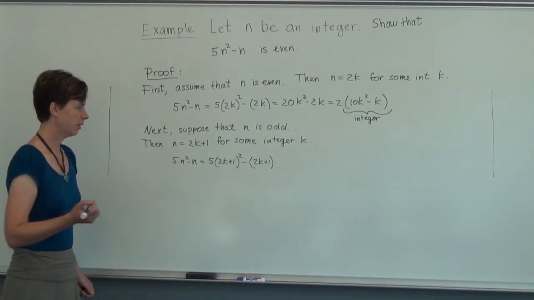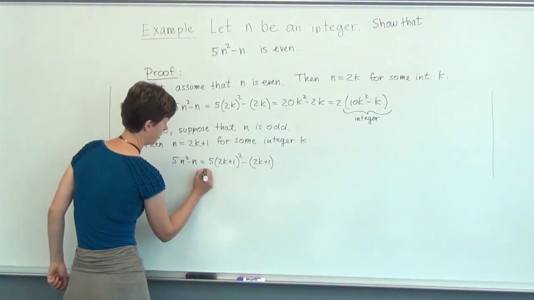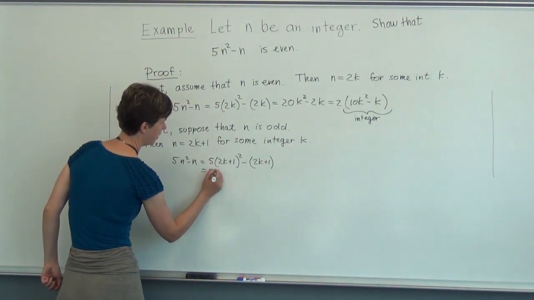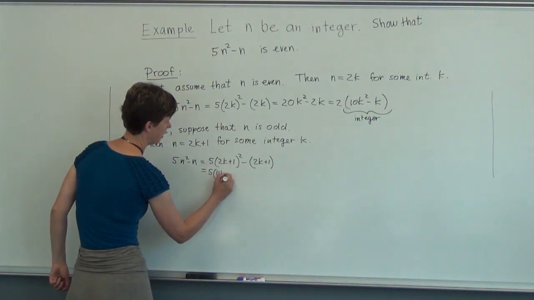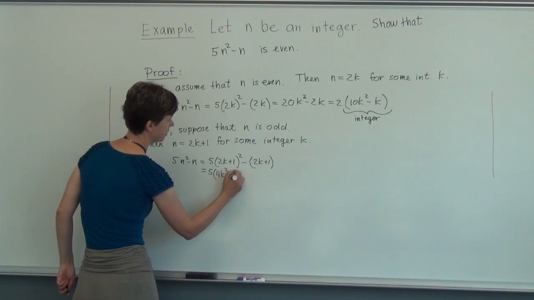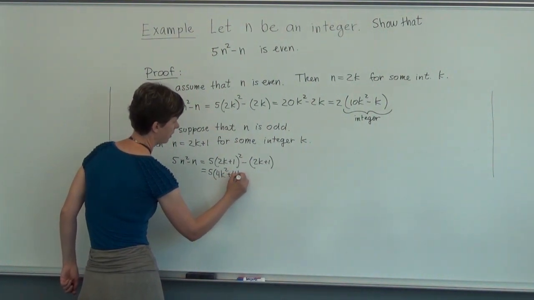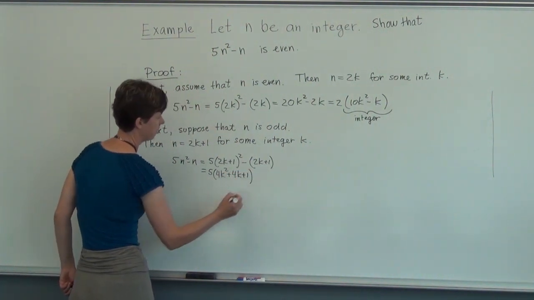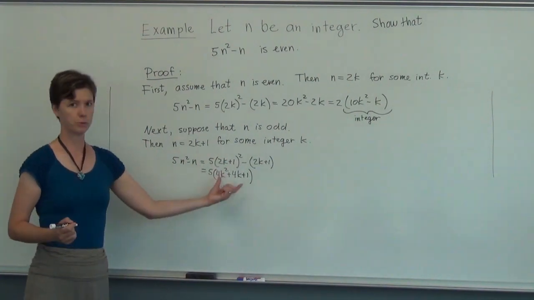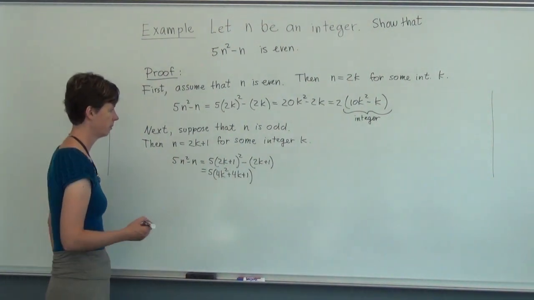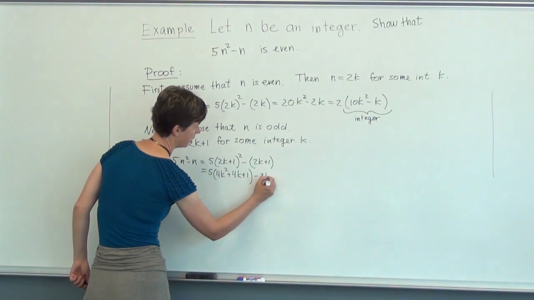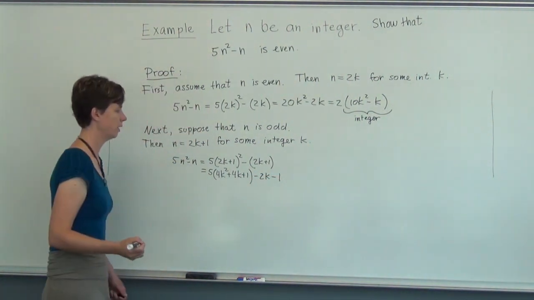Alright, so simplifying this gives us 5 times (4k squared plus 4k plus 1). Don't forget the squaring formula. Minus 2k minus 1.